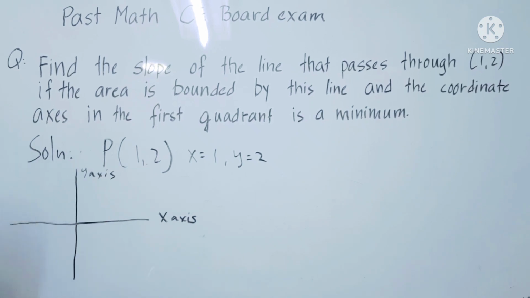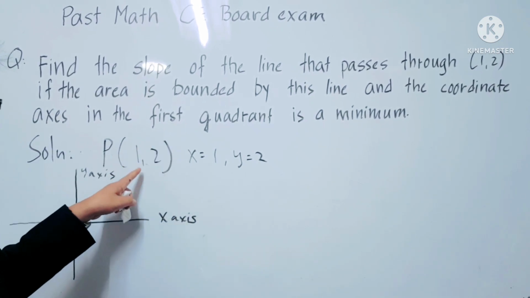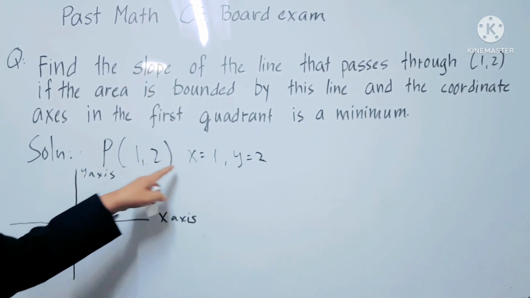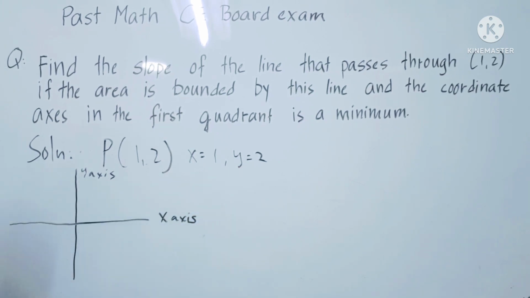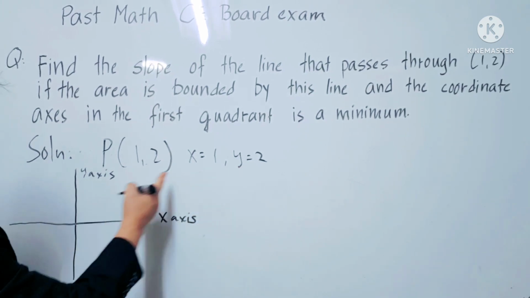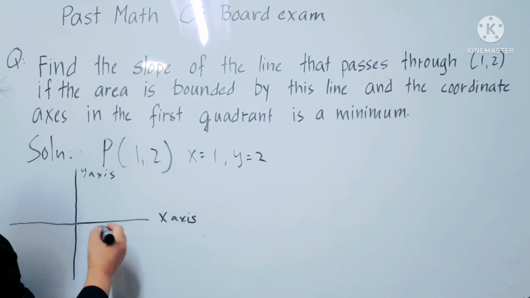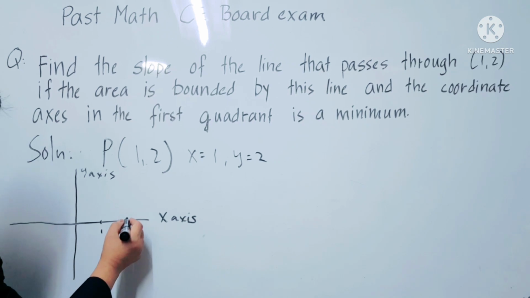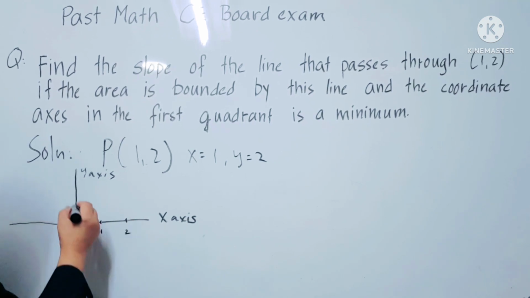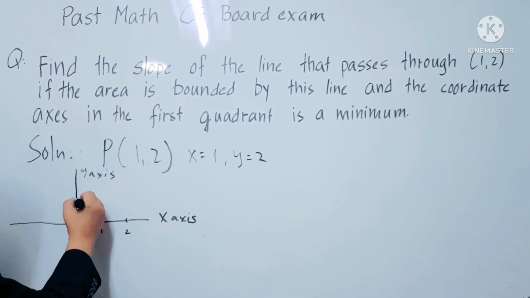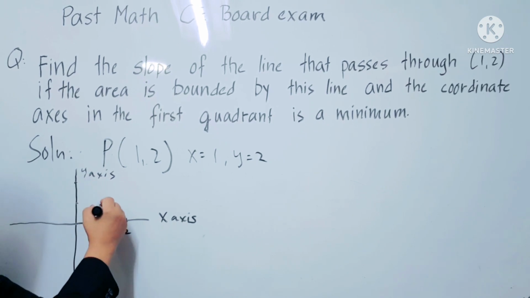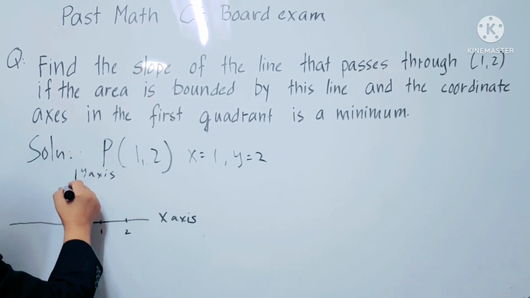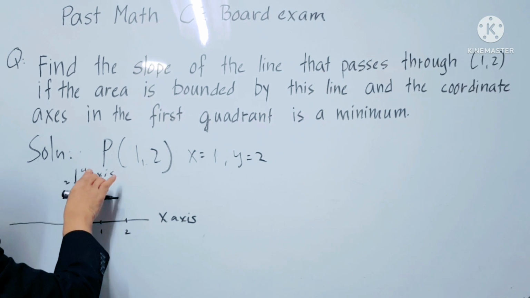Now if we graph the point (1, 2), x is equal to 1, y is equal to 2, that means they are in the first quadrant because they are all positive. So if x is equal to 1, we designate this as 1, this as 2, and this is for the y-axis.